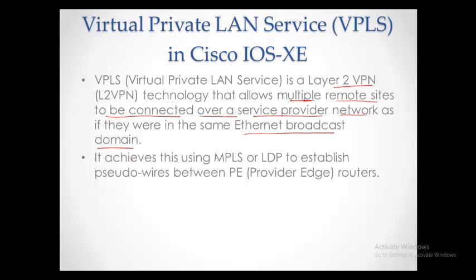You need MPLS LDP. With the help of MPLS LDP, we already did one lab, which is called virtual circuit or pseudo wire. What we had is a virtual circuit or a pseudo wire, which is a point-to-point wire. But this pseudo wire is a multi-point wire. That's the big difference between the previous topic and this topic.